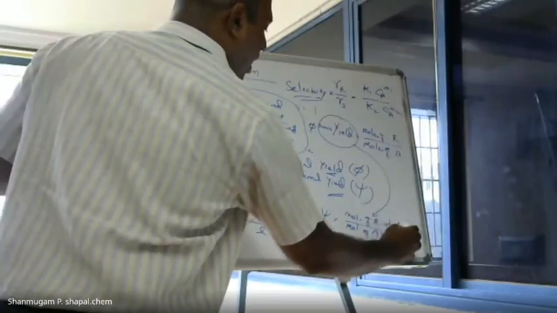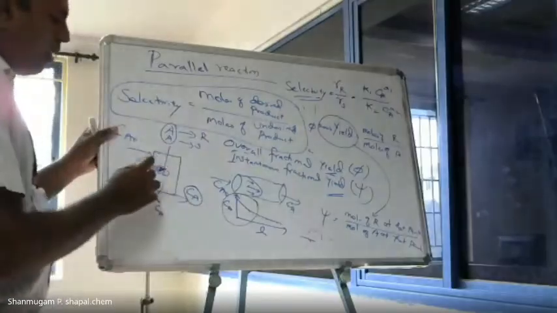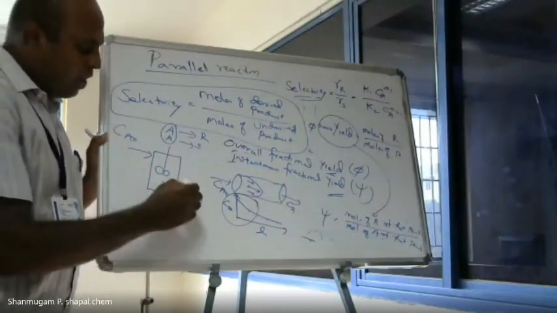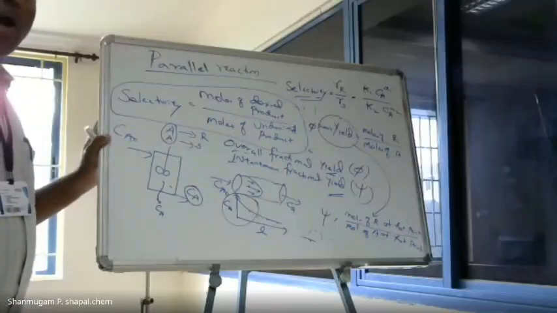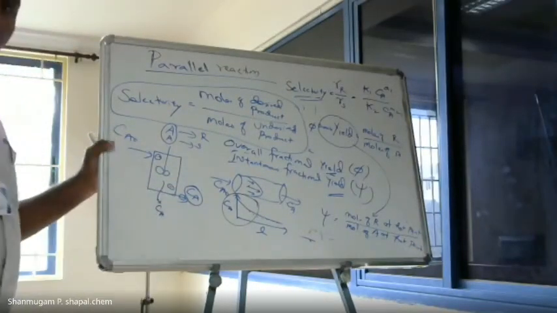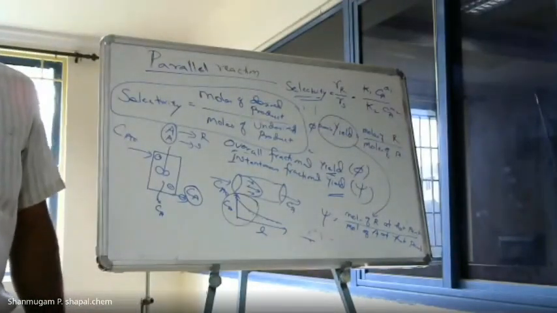A at that point. That means if you take one point here, one point here, and one point here, in all these three points the concentration of the R would be the same.